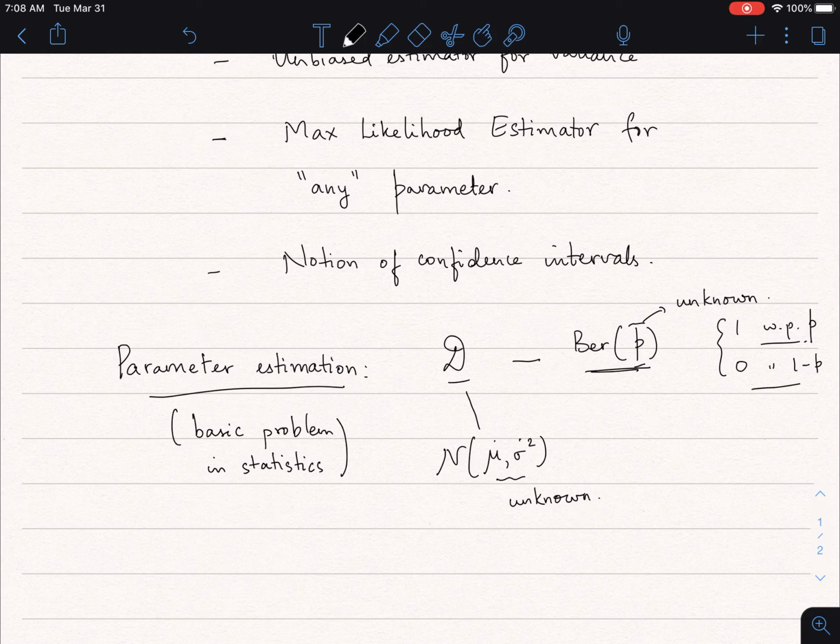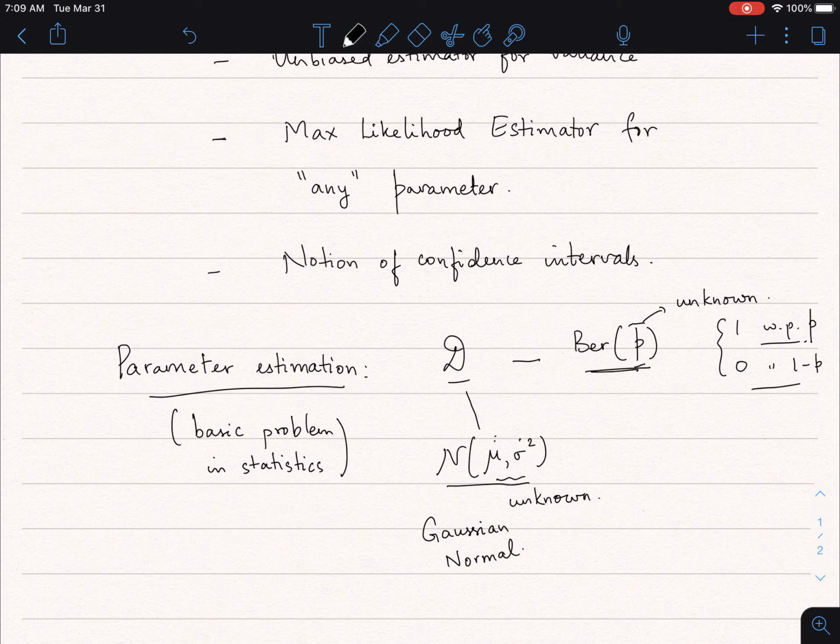Likewise, if you have some real valued data, a reasonable model in many situations is what is called the Gaussian distribution or the normal distribution. This is a distribution that has two parameters, one is mu and the other is sigma squared, like we've seen.